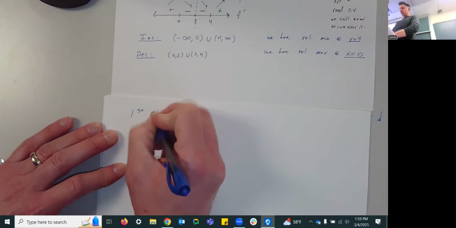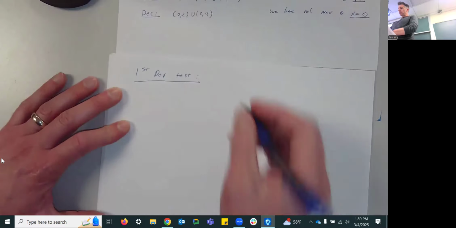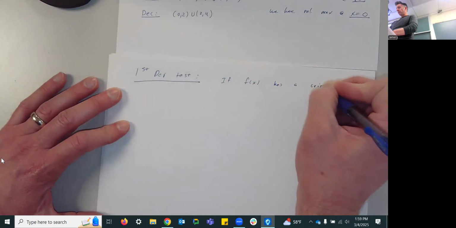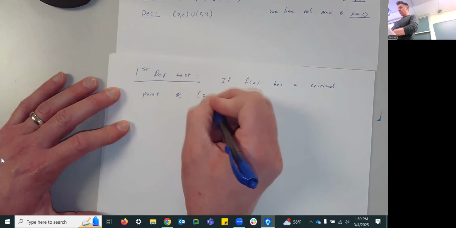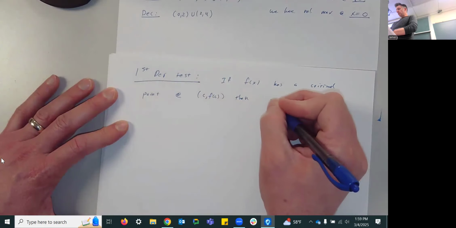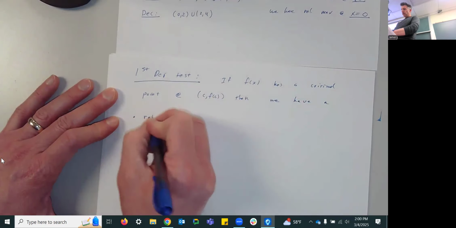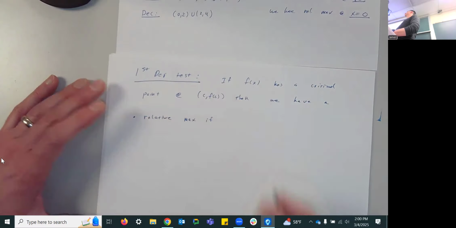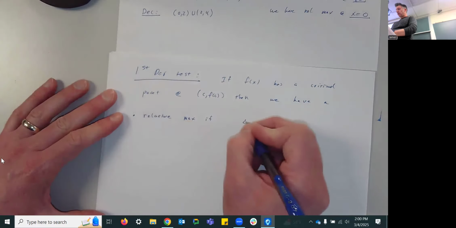The first derivative test basically says if f of x has a critical point at c, f of c, then we have a relative maximum if the picture looks like this.